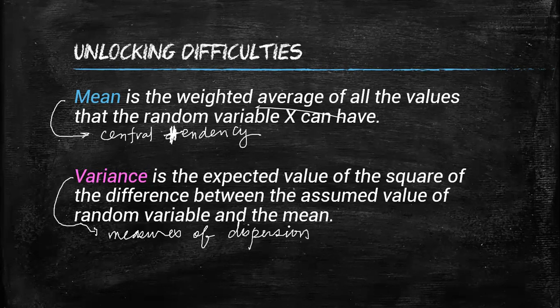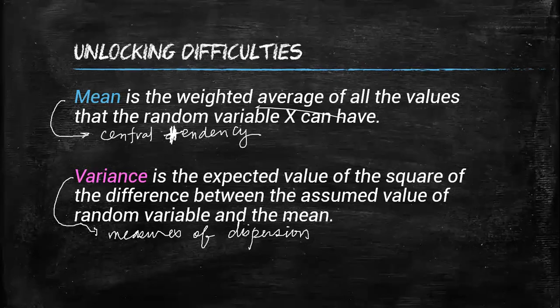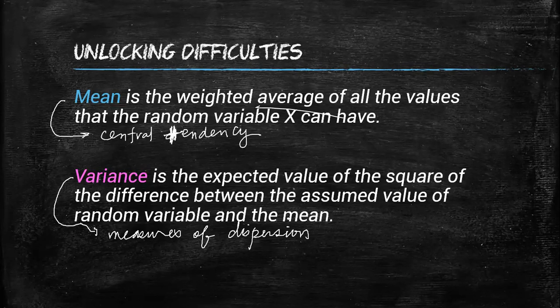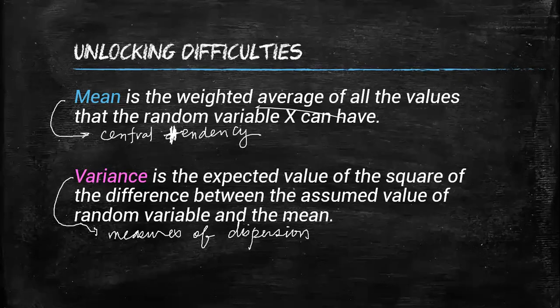In statistics, we have what we call the measures of dispersion. What does dispersion mean? Distribution. Okay. If you listened to our discussion last time, it's how distributed or how scattered our data is.